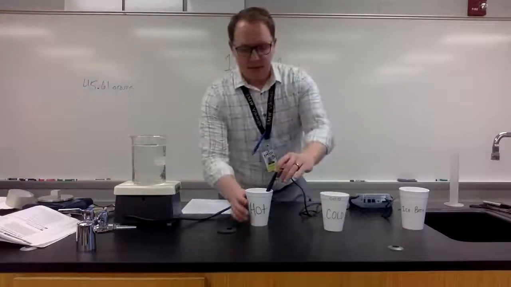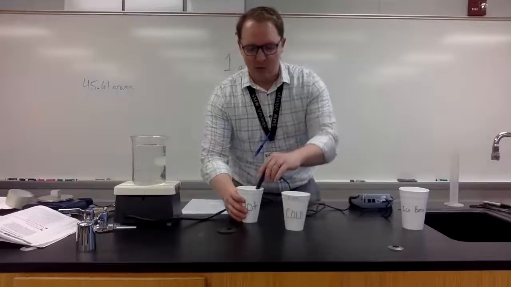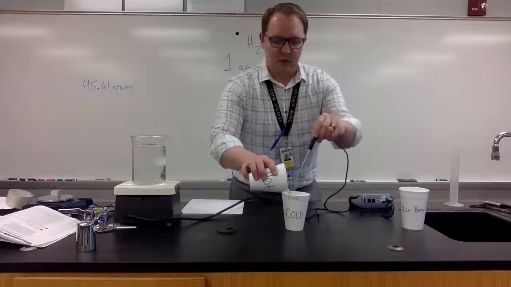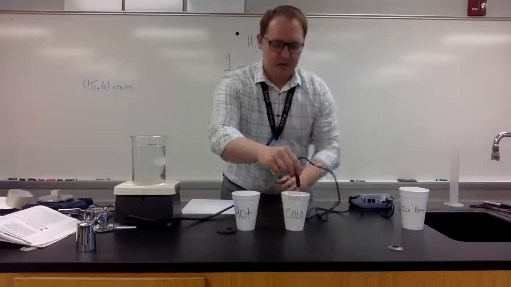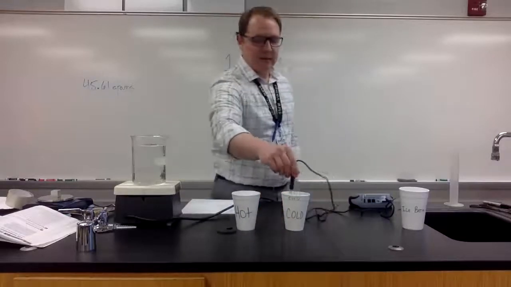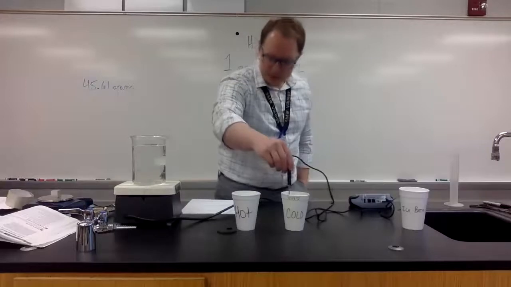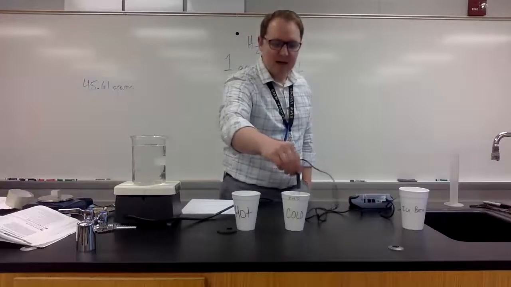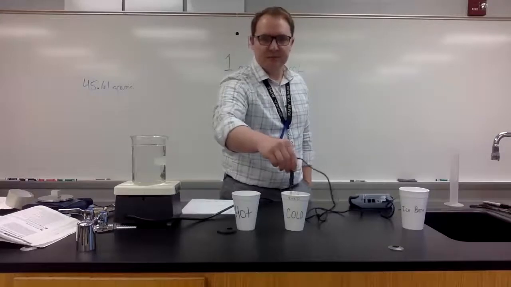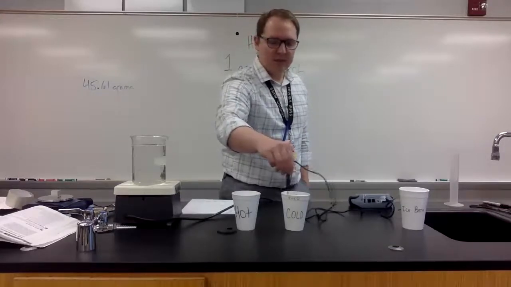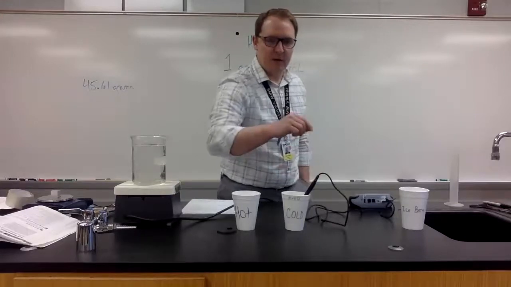Before your very eyes, I will now take the hot water and mix it directly into the cold water. I will use the temperature sensor as my stir stick, and we're going to see where the temperature ends up. This will be the third box in your table, the mixture temperature. What is the temperature of the hot water and the cold water once they mix together? We'll give that just a few more seconds.